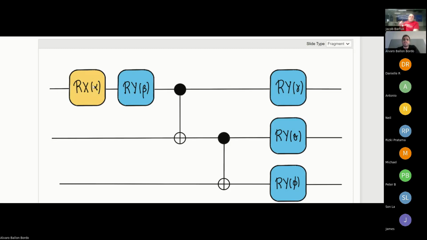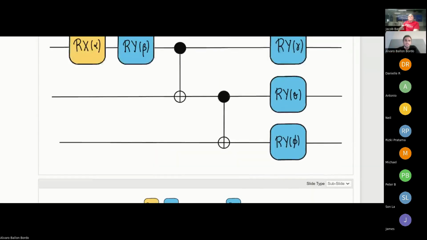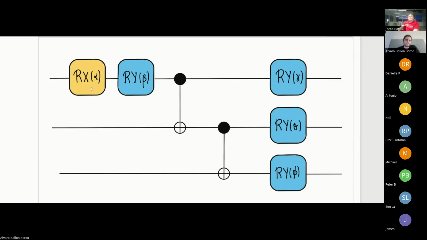For example, this is what is called a rotation. The intuition is that it's rotating the 0 into the 1, and depending on the angle that you put here, how much you rotate the 0 into the 1 will be different. So the output will be different depending on the parameters.